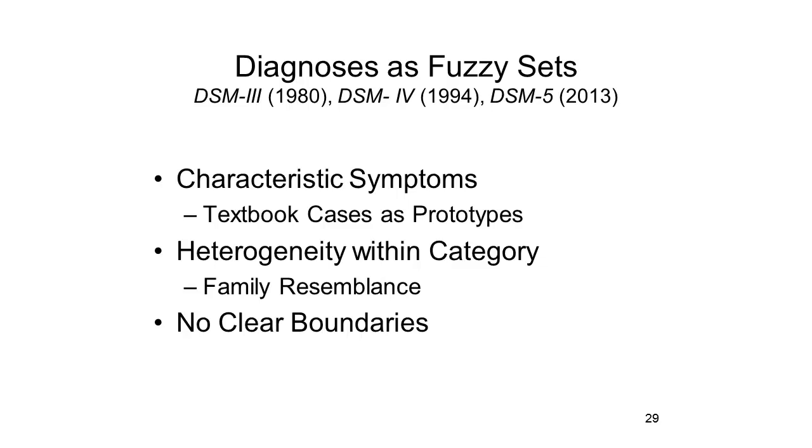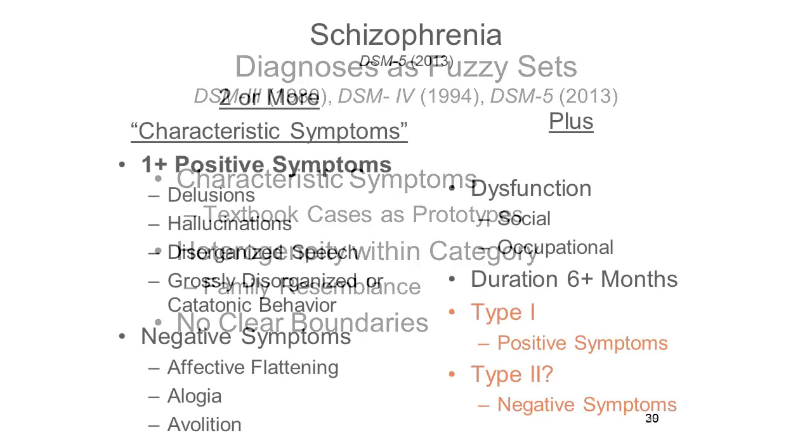Each syndrome may be represented by a kind of prototypical patient who has many but not necessarily all of the symptoms that are characteristic of a particular category. This system was continued in the fourth edition of DSM, published in 1994, and the fifth edition, published in 2013.